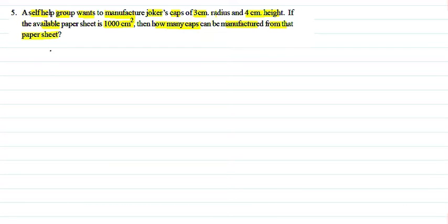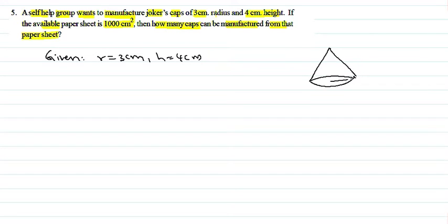So here given, Joker's cap radius is equal to 3 cm and height is equal to 4 cm. So now the Joker cap is in the shape of a cone. So now cone radius they gave 3 centimeter, and height of this cone is given 4 centimeter.